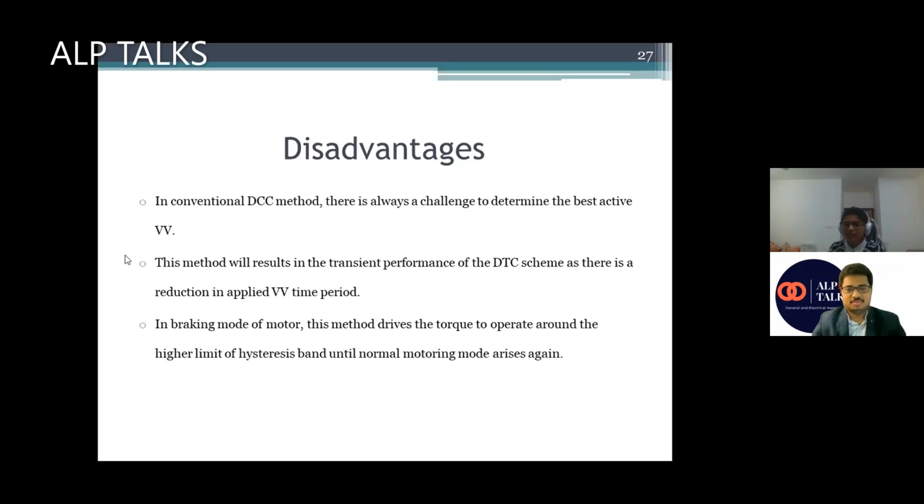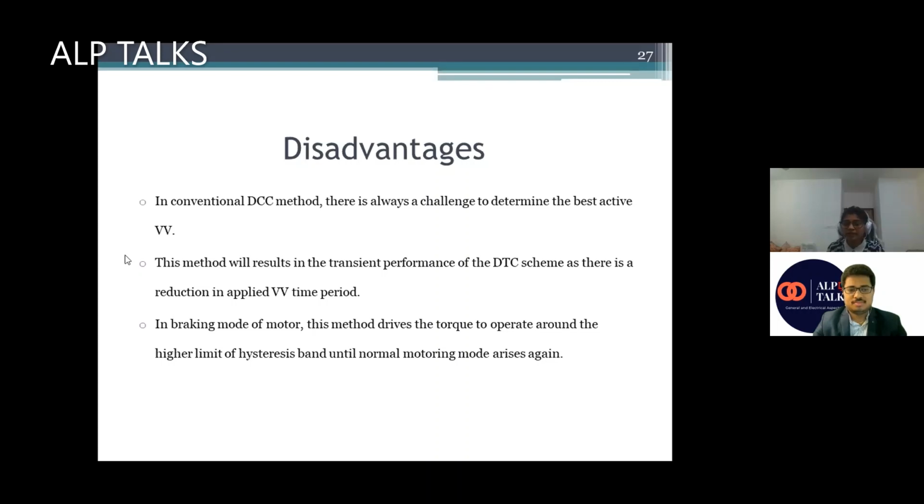The disadvantage is that in the classical DCC method, there is always a challenge to determine the best, appropriate active voltage vector to apply in braking mode of the motor.